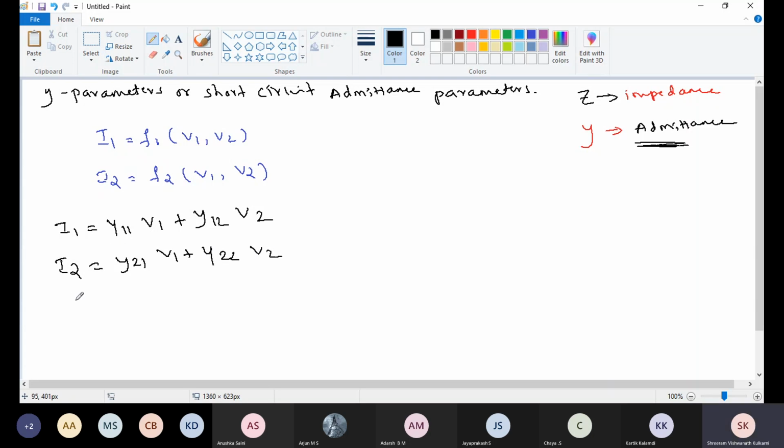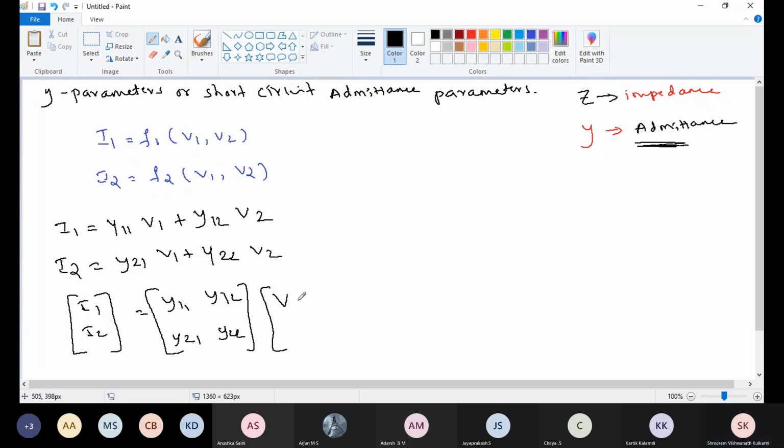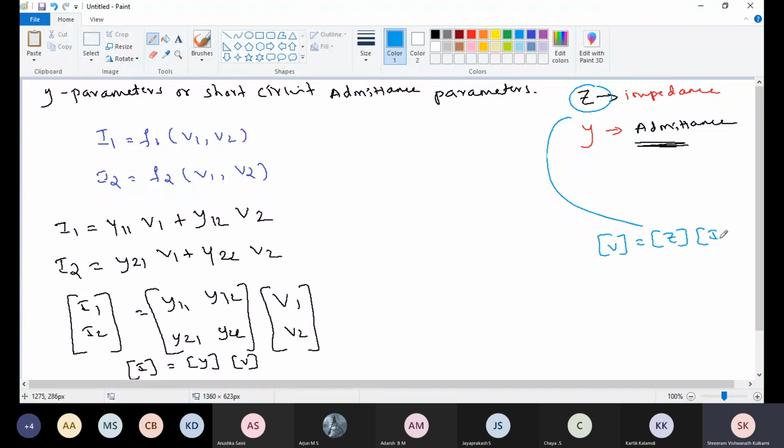If I write this in matrix form: I1, I2 equals the matrix y11, y12, y21, y22 times V1, V2, or simply I equals Y times V. But in Z we have written V equals Z times I, where in the Z parameters V is the dependent and I is the independent.